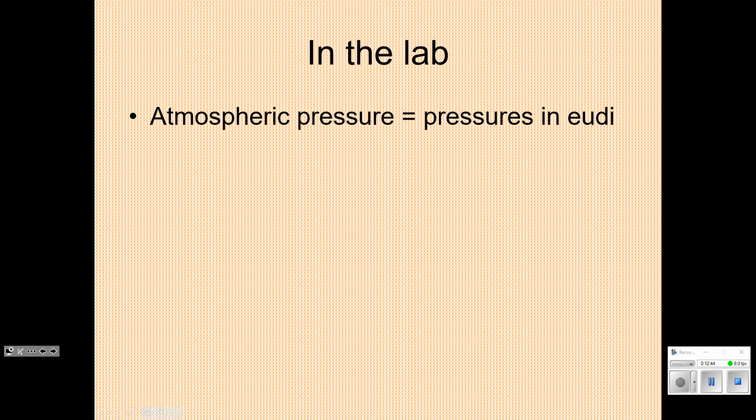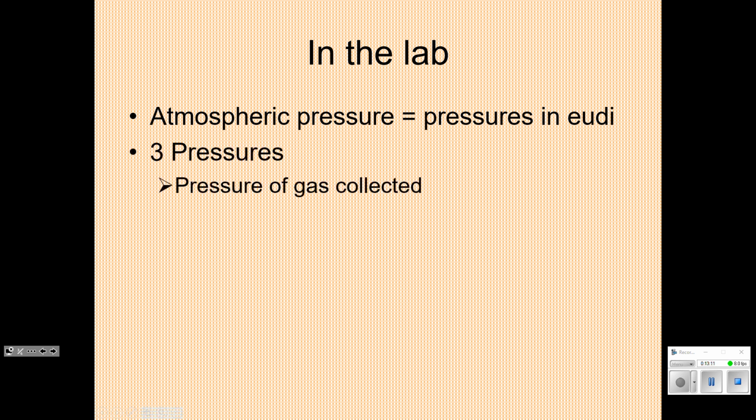What we have to realize, and I'll draw this out on the board in a minute, is that the pressure inside when we collect the gas is going to balance with the pressure on the outside. This is almost like an old-fashioned barometer, when I talked about how pressure was measured way back when. Let me get through the pressures inside the eudiometer, then I'm going to draw it out for you. Maybe that'll help.